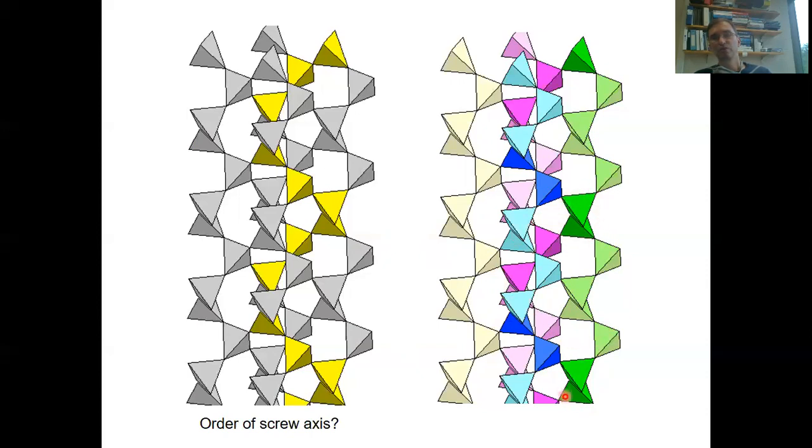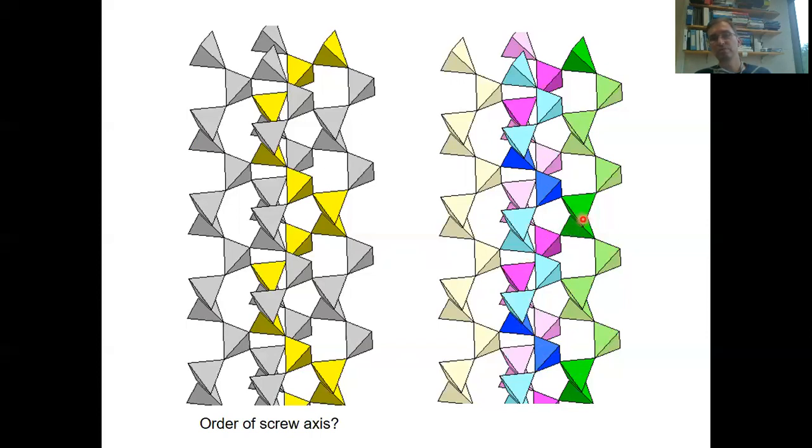Okay, so you can actually go again 6 translations until you produce the identity. So if you start with this tetrahedron here, that would be the first, the second, the third, the fourth, fifth, and here the 6th translation.